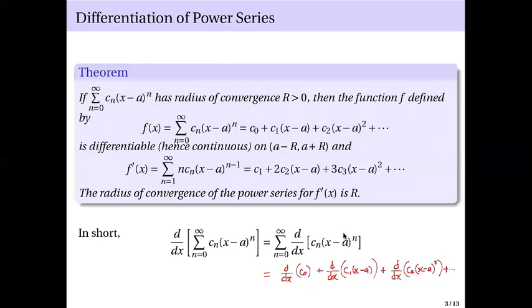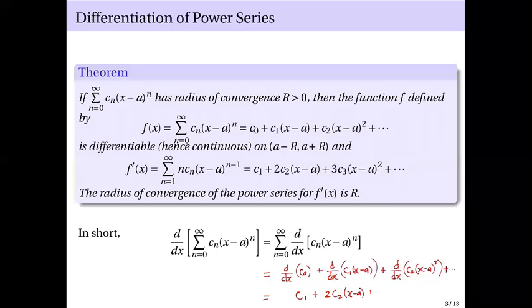Notice the derivative of the constant is just 0. For the next term, you just get c sub 1. Plus, the next derivative gives 2c sub 2 times (x minus a).